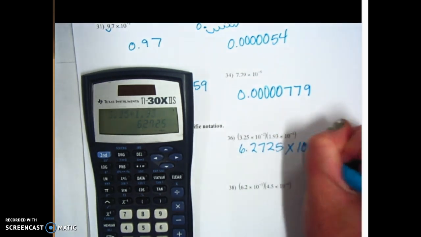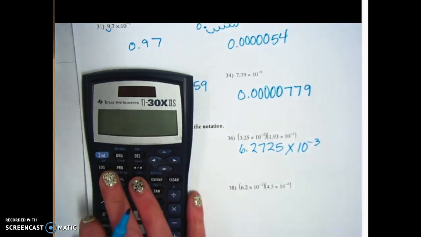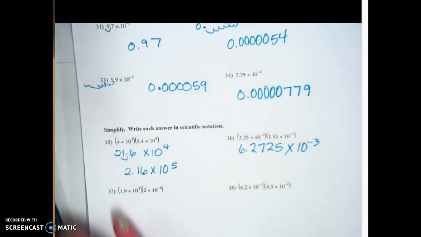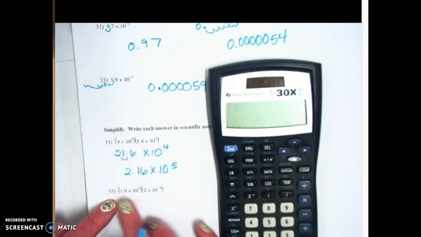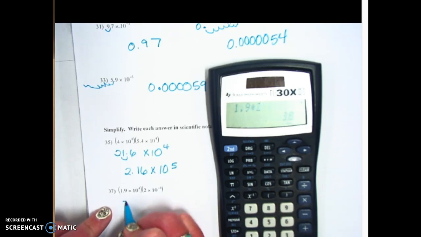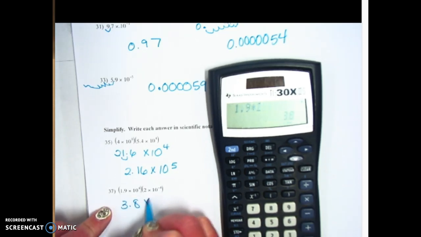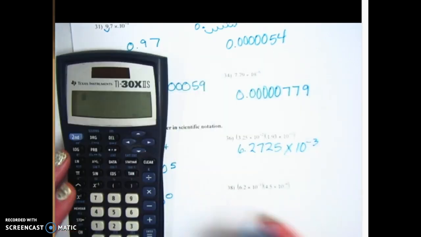Add our exponents, which is negative 3, and it's in scientific notation, so we're good. All right, number 37. Multiply the 1.9 times the 2, 3.8. Add those exponents, 4 and negative 4, so 10 to the 0. It's in scientific notation, so we're good.